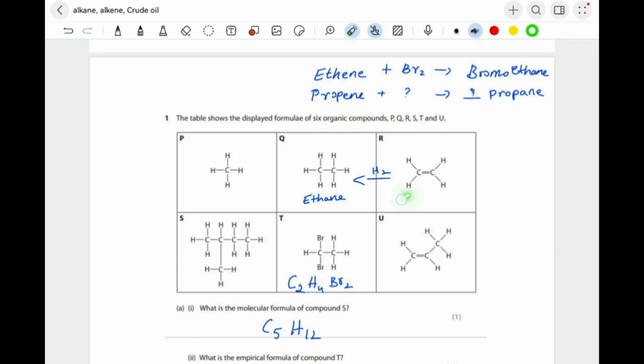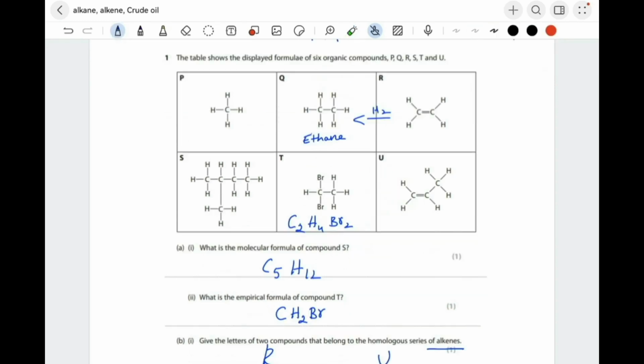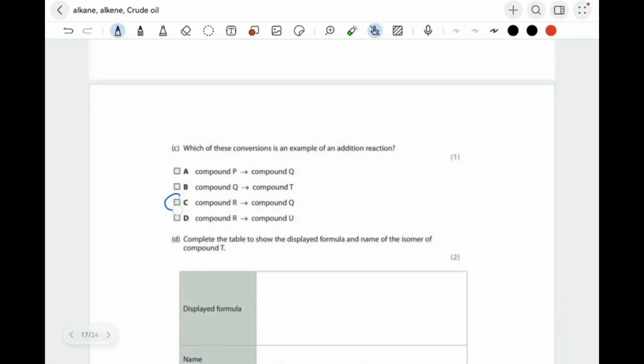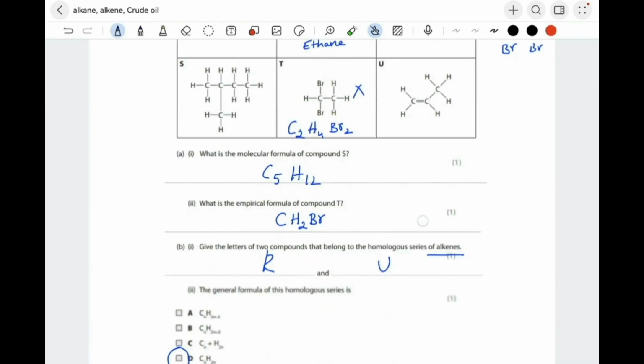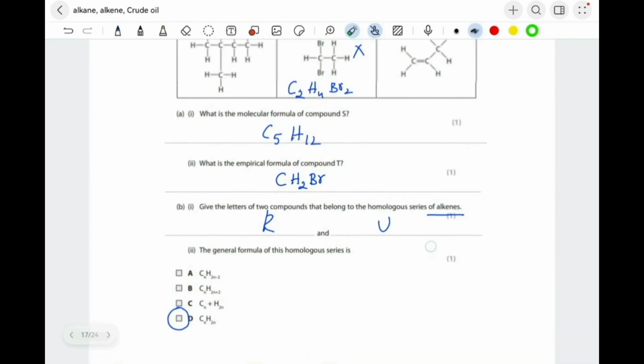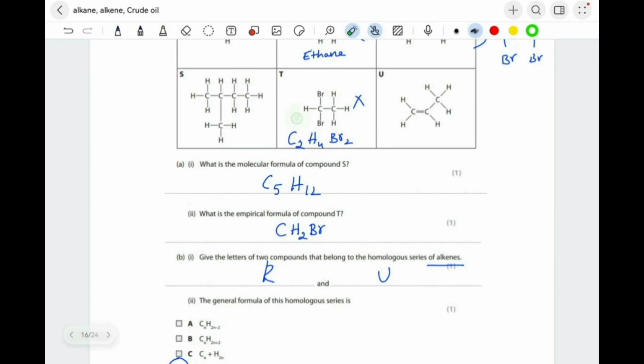Why can't it be R to T? When we add bromine to this, our product is supposed to be like this. Br to the adjacent carbon, not attached to the same carbon. So it can't be T. The answer is R to Q. Complete the displayed formula and the name of the isomers of T. If you are writing the isomer of T, just change the position of bromine.